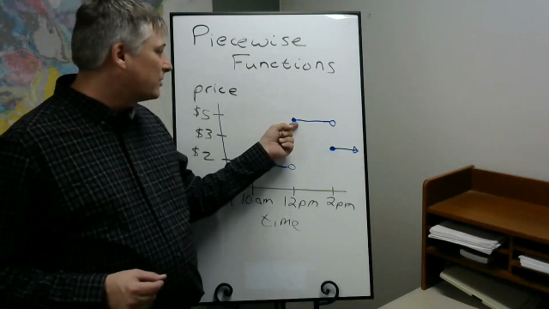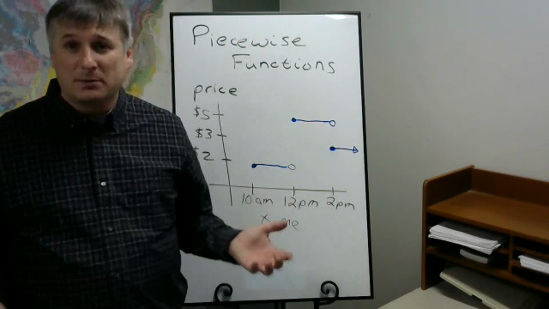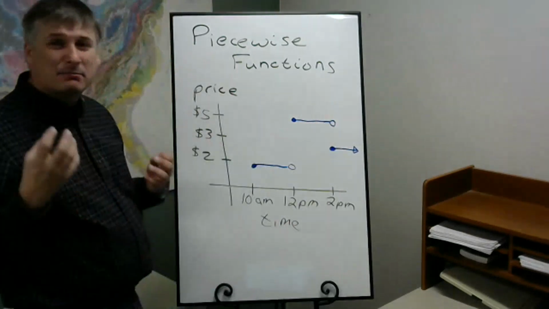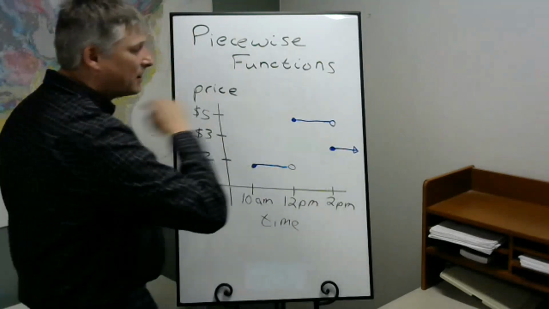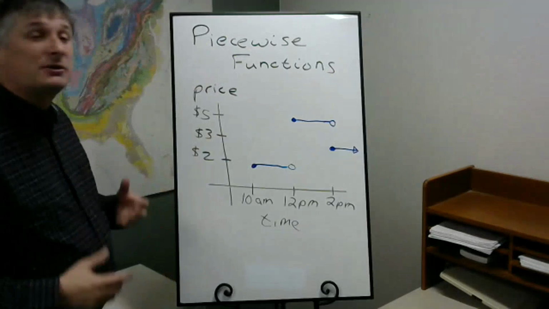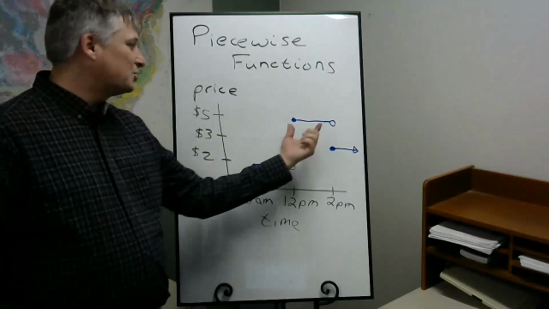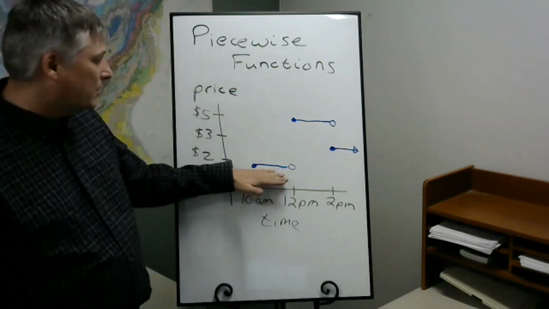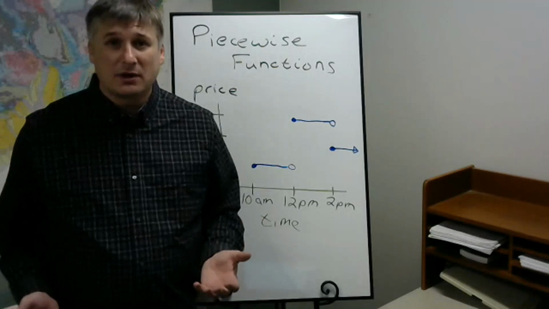And if you try to purchase this stock at any time before 2 p.m., it's still $5. Then at the exact moment of 2 p.m., the price drops down to $3, and that's going to be the price of the stock until the market closes. So when you have these drastic changes in the relationship between price and time, we get a graph like this. And this is a piecewise function.